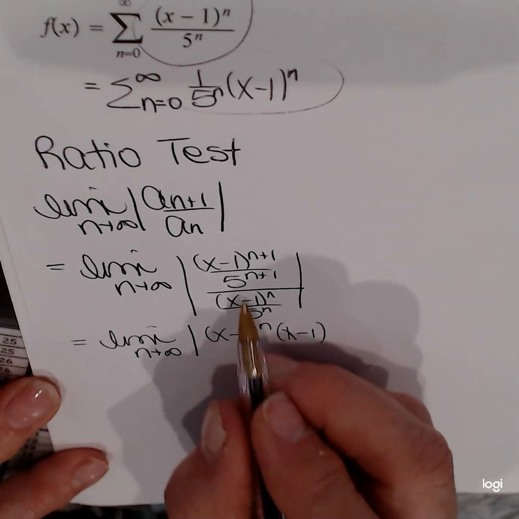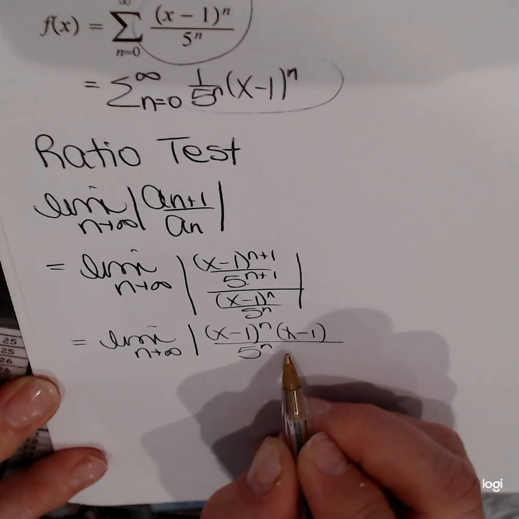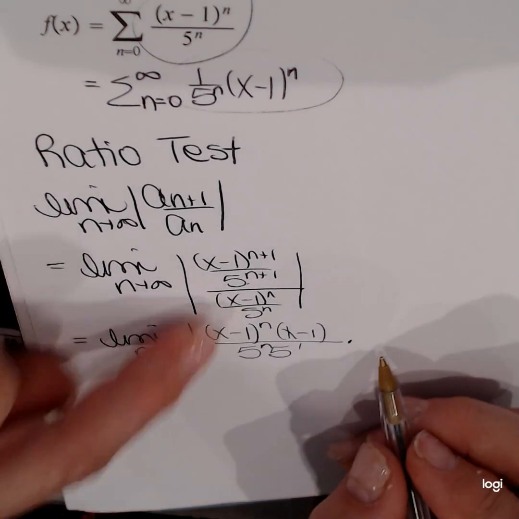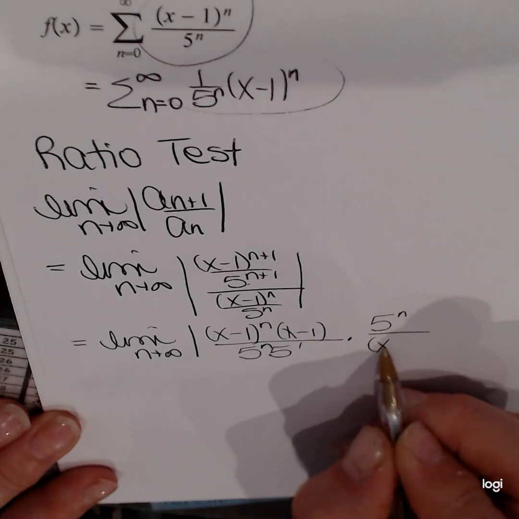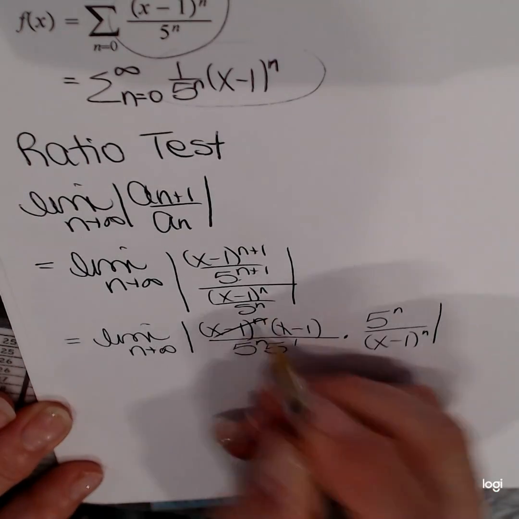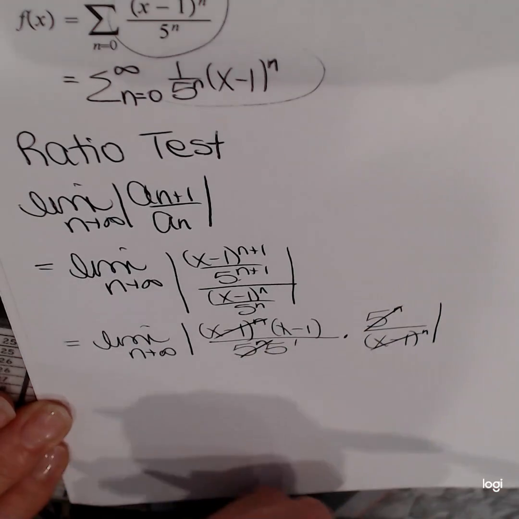I'm going to do the same thing with the 5: 5 to the n plus 1 is equivalent to 5 to the n times 5 to the first. Then I take this bottom one, flip it and multiply, and it becomes 5 to the n over x minus 1 to the n. Well, of course, the x minus 1 to the n's cancel here, and one of the 5's cancels here.